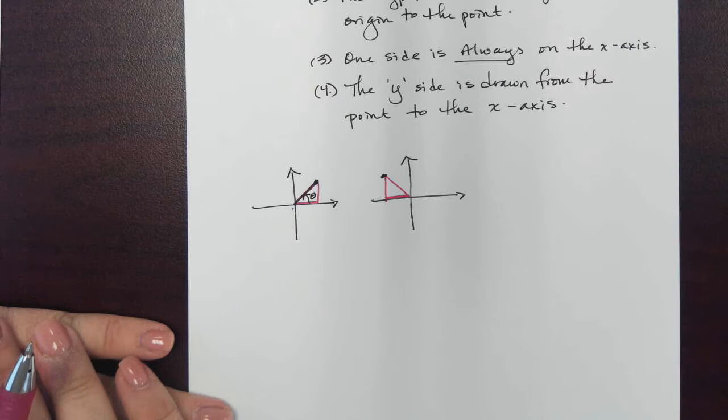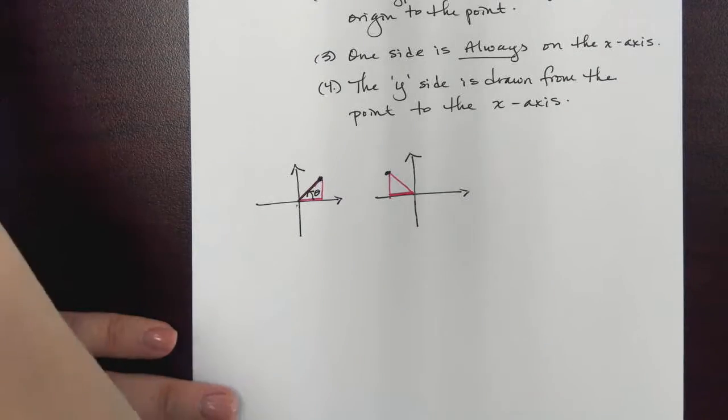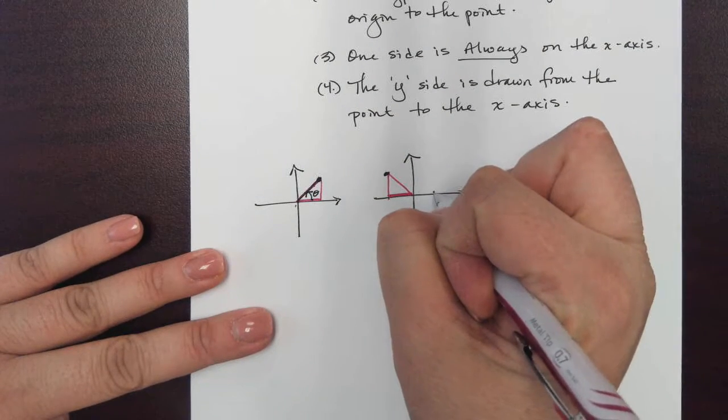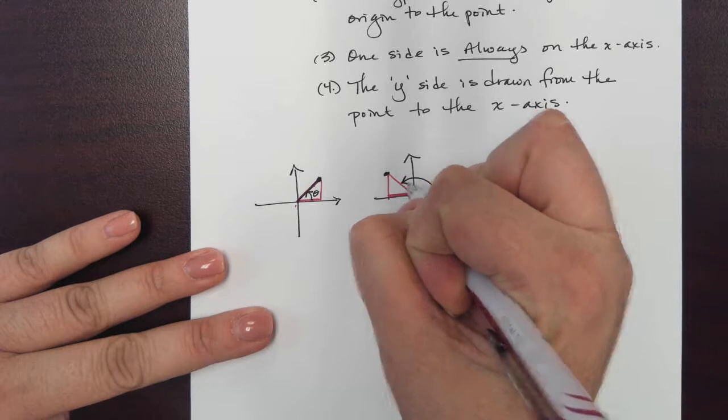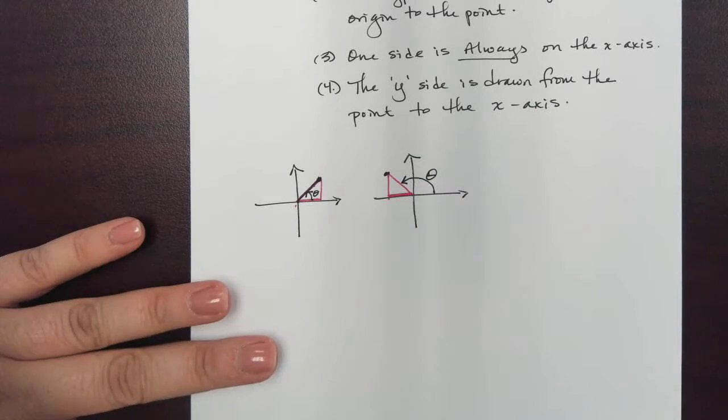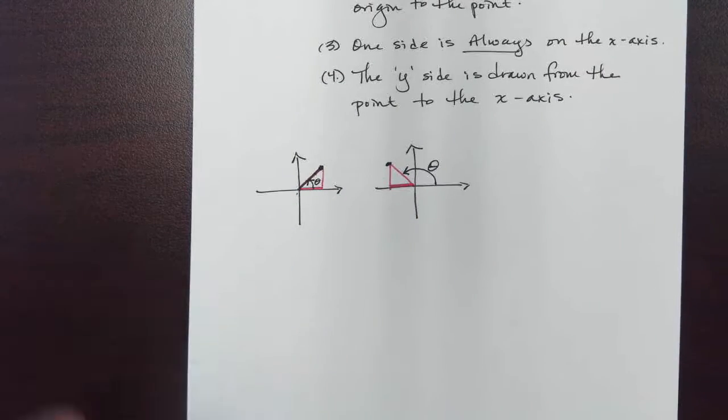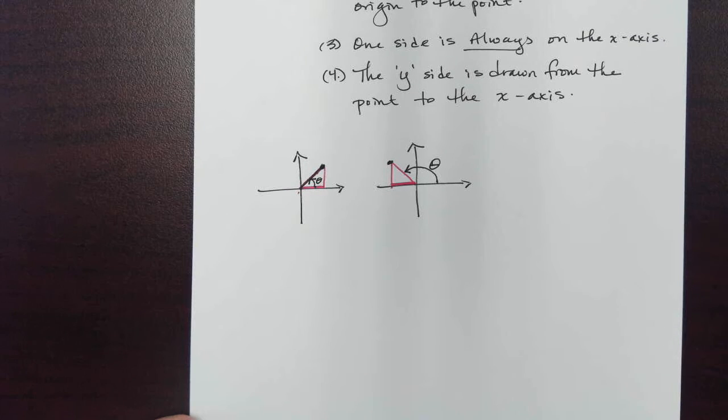Where is my theta? It starts from the x-axis and goes around to here. So you use 180 minus theta to get the reference angle.